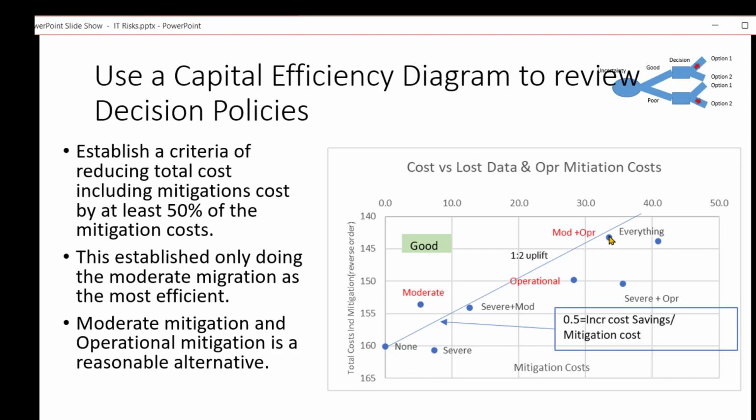Although moderate plus operational is a close second. Just operational could be done, but it's not as good as these other two. So this is a good chart to use to make a decision of how to spend your IT mitigation budget.